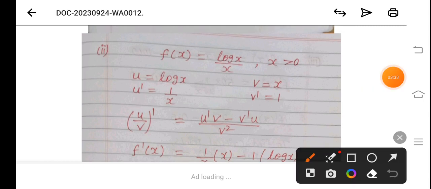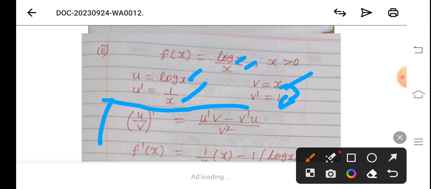Going to the second subdivision, f of x equals log x by x. Two functions are there in division, so we are going to use the quotient rule. u is log x, v is x. Log x differentiation is 1 by x, children, and x differentiation is 1. So (u by v) dash equals (u dash v minus v dash u) divided by v square.